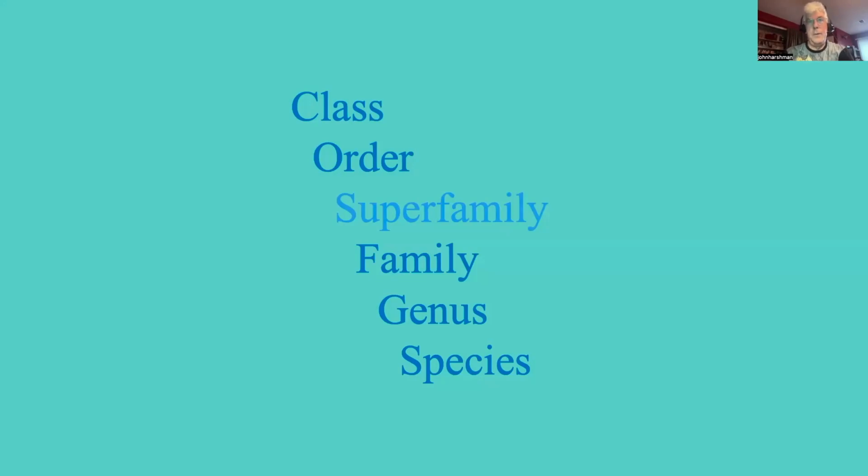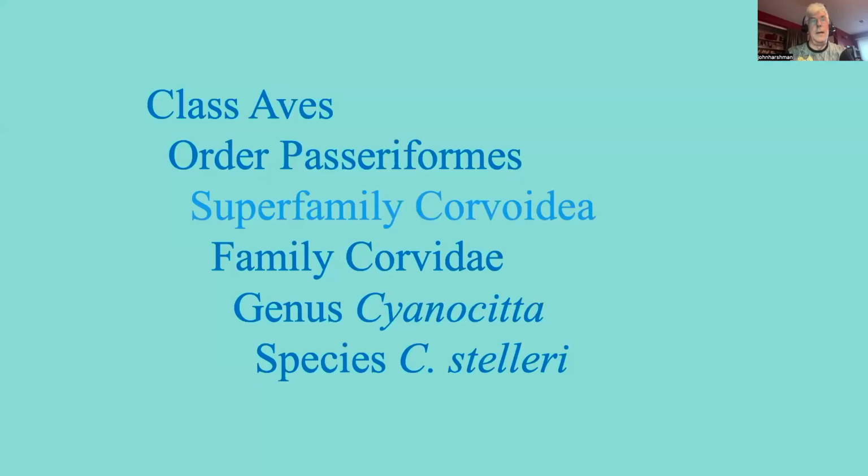That's going to come in pretty handy when we start talking about passerine birds. And just as an example here, the class we're talking about will be Aves, and within it there are many orders, including Passeriformes. The ending -iformes signifies that it's an order of birds, so all orders end in that.